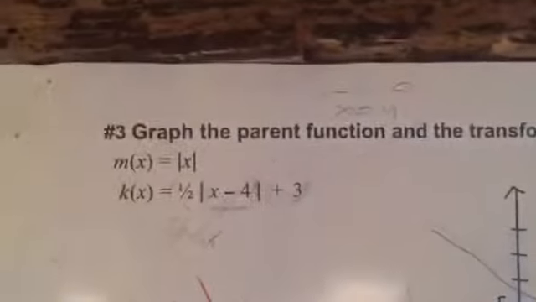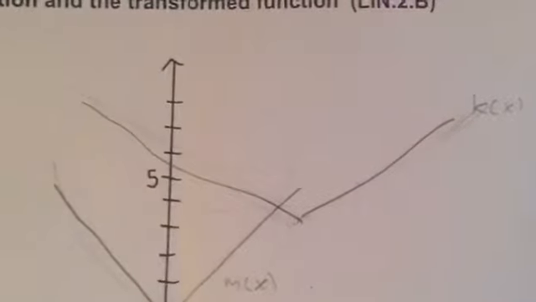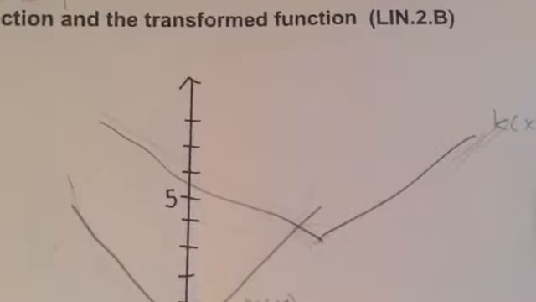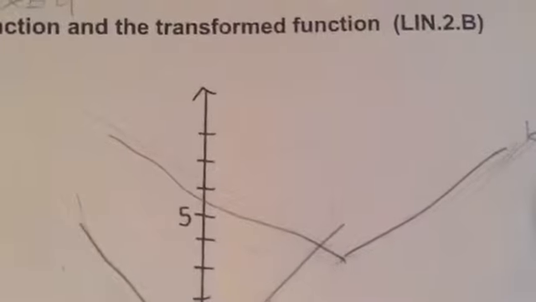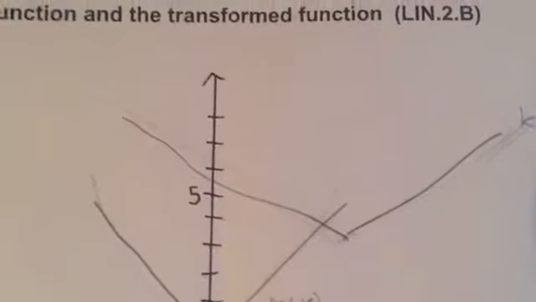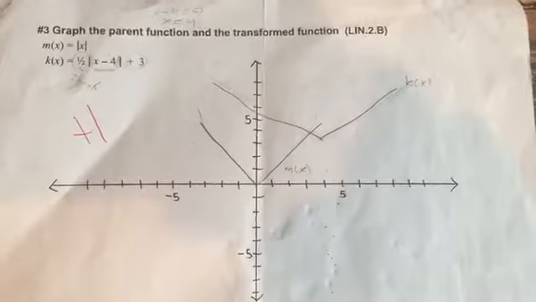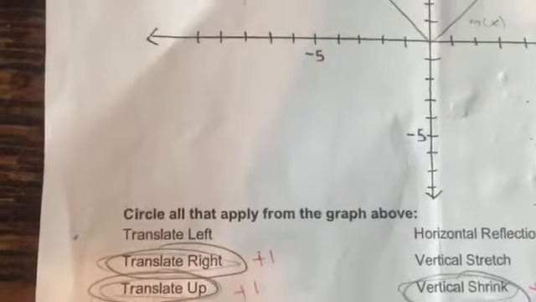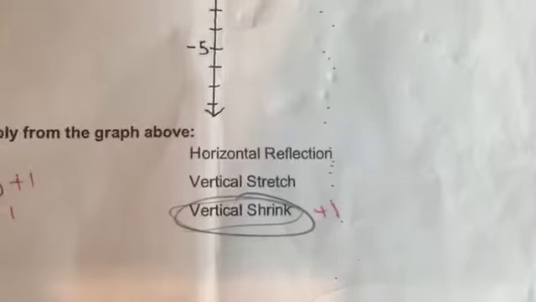As the transformed function says 1/2 at the beginning, from your point, the function is going to decrease in slope, and you have your transformed line. What currently just took place in that problem was translate right, it translated up, and a vertical shrink took place.